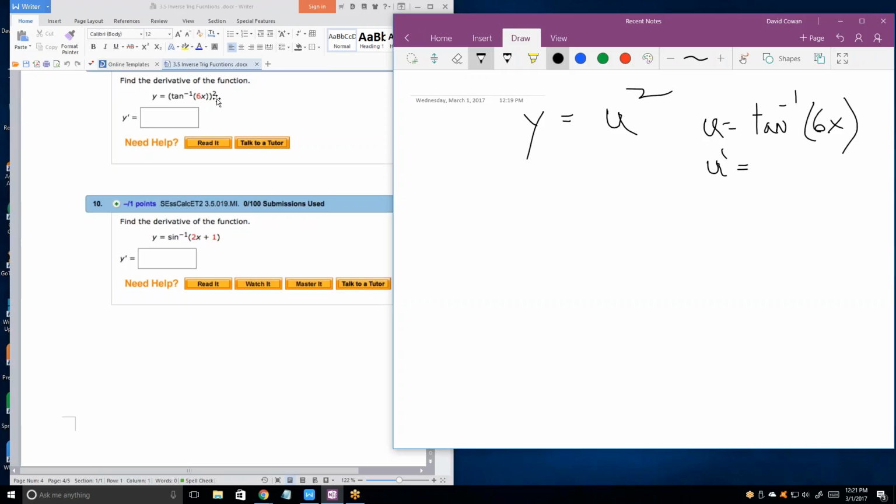Well, it would normally be 1 over 1 plus x squared. Okay. But there's another inside. 6x is inside. So u prime is going to be the derivative of the inside, which is 6, over 1 plus the quantity 6x squared, which is 36x squared. So that's u prime.